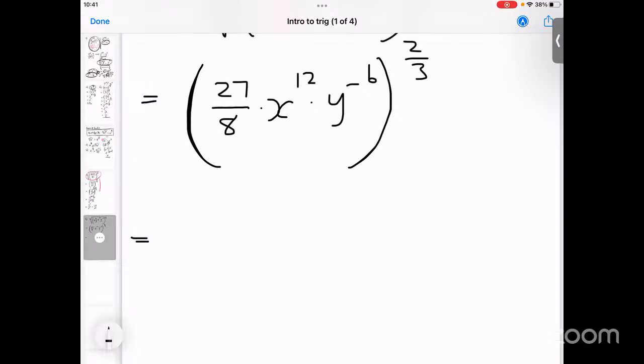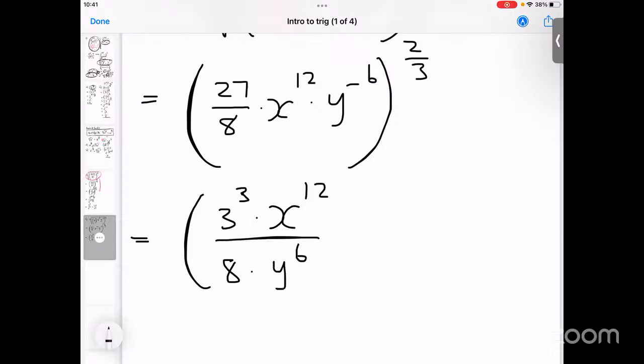Okay, then it's fine. 27, I don't know, but 27 is 3 to the 3. I'm not sure if you are aware of that. Multiplying by x to the 12 is fine. So I'm concerned about that y being a negative, so that's why I'm writing it at the bottom as a positive exponent.